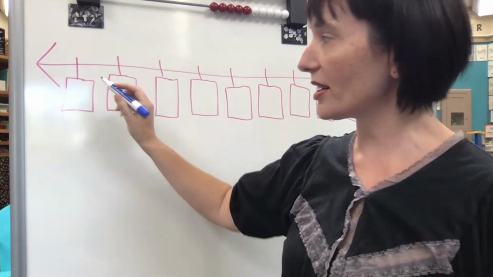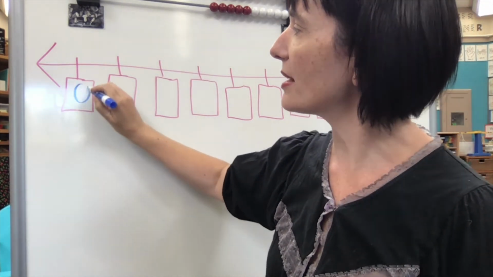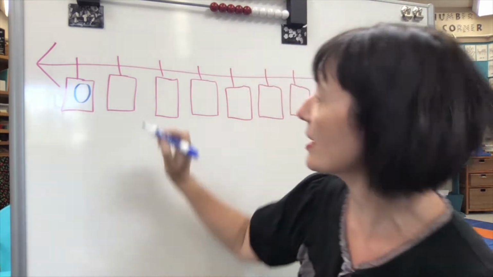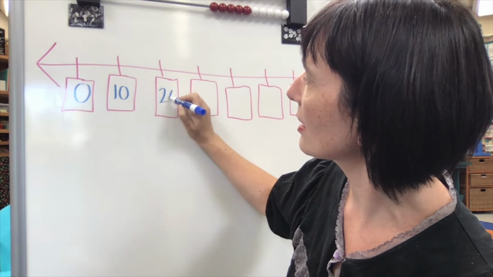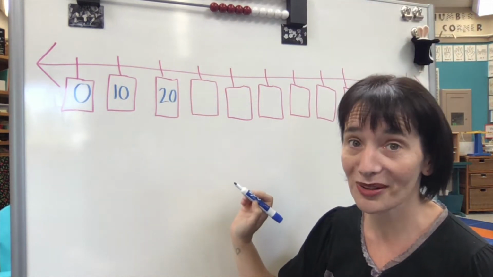So we're actually going to start here at 0. I'm going to make my 0, and I'm counting by tens, right? So 0, 10, 20, good.